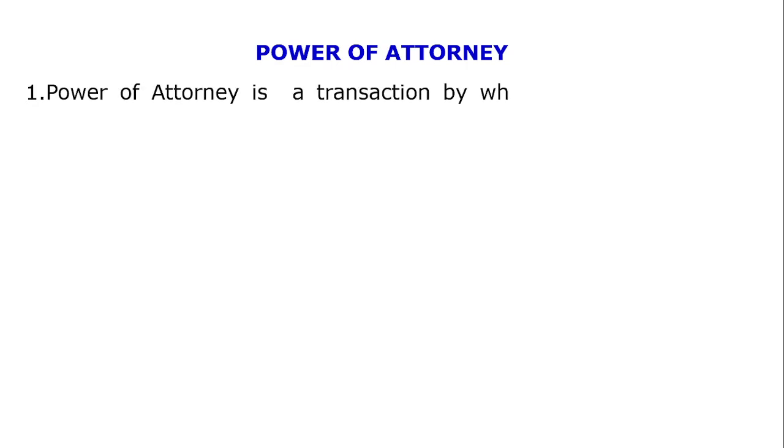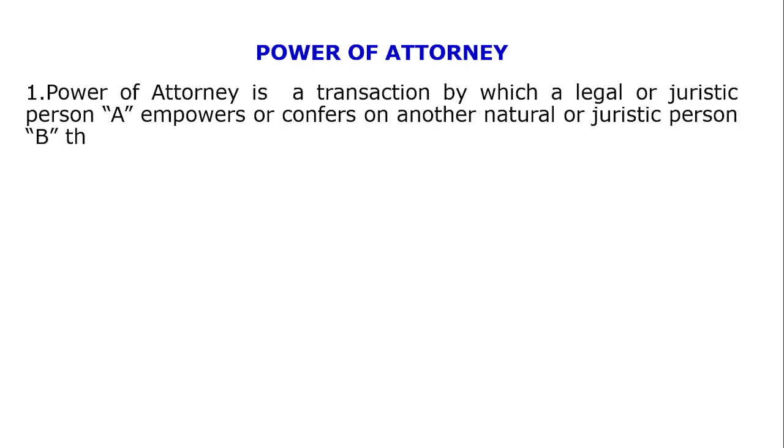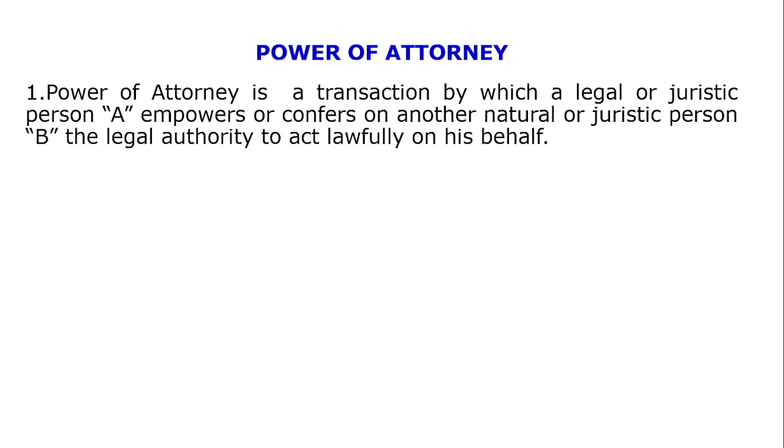Let me refresh our understanding on some fundamental aspects of power of attorney discussed in the main tutorial video. We define power of attorney as a transaction by which a legal or juristic person A empowers or confers on another juristic person B the legal authority to act lawfully on his behalf.